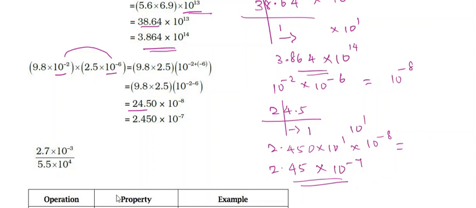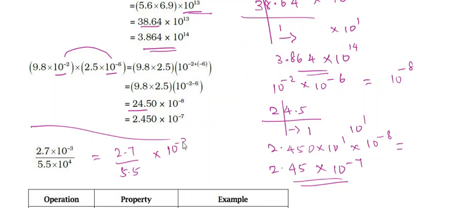Okay. So, in this problem, 2.7 divided by 5.5. You can take 2.7 divided by 5.5 separately, and 10 power minus 4 becomes 10 power 4 when you bring it to the numerator.